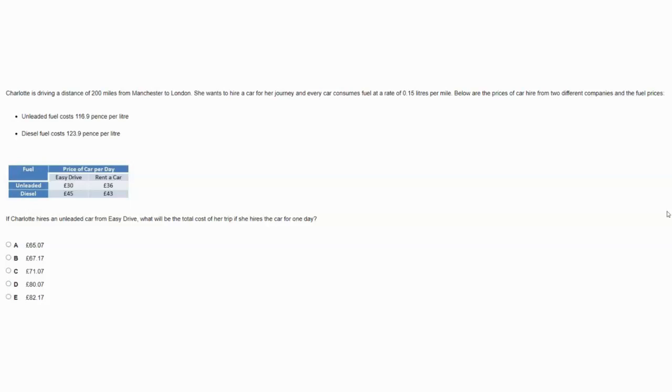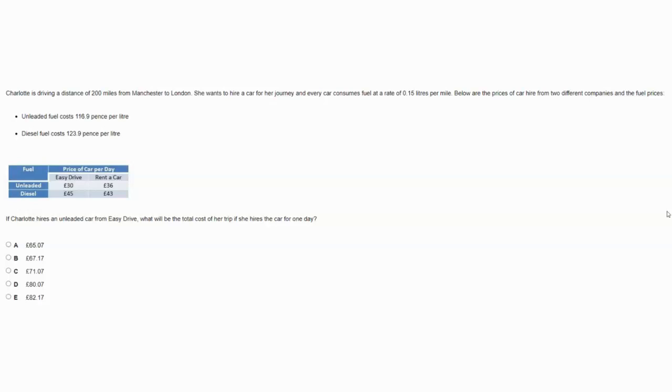Is it A? What's the reasoning? I probably did it wrong. Right, so unleaded. Is she going with easy drive unleaded? Yeah, exactly. So that's £30. Unleaded fuel costs 116.9 pence.